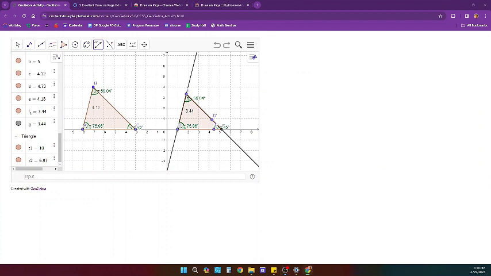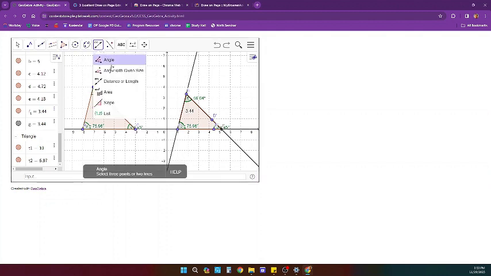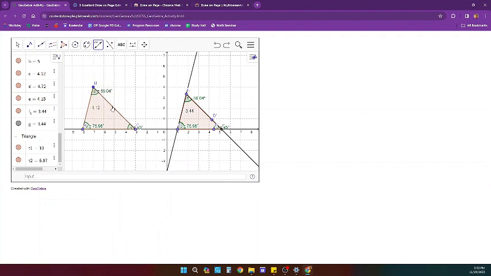So part E asks us to dilate triangle ABC centered at the origin using the scale factor n from part D. Using GeoGebra, there's not really a convenient way to do that, but I could boil down what it's asking you to do, and you kind of see how they compare. First thing I want to do is record the side lengths for both triangles.